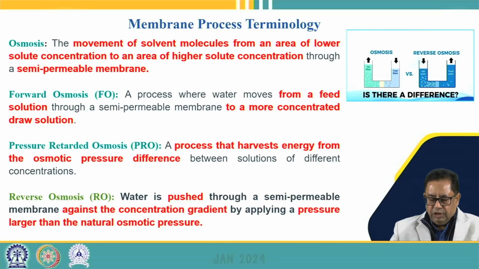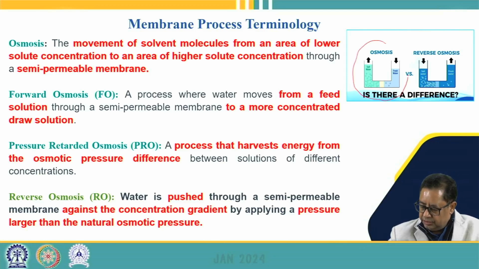Then we have a very important term here, that is osmosis. Osmosis means the movement of the solvent from an area of lower solute concentration to an area of higher solute concentration when we separate these two solutions by a semi-permeable membrane. We can see here a reactor in which we have two types of solutions.